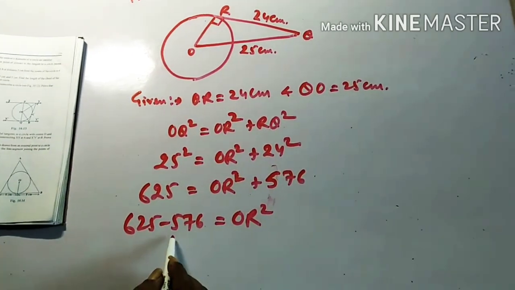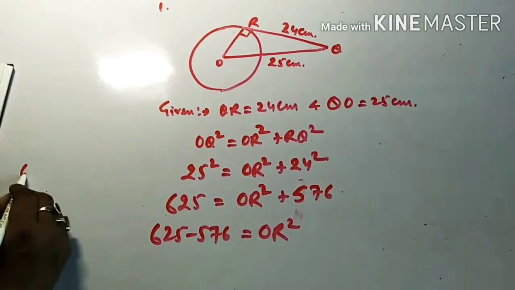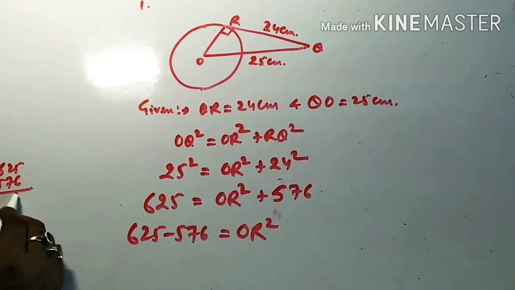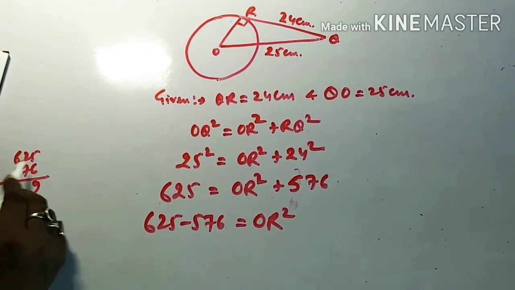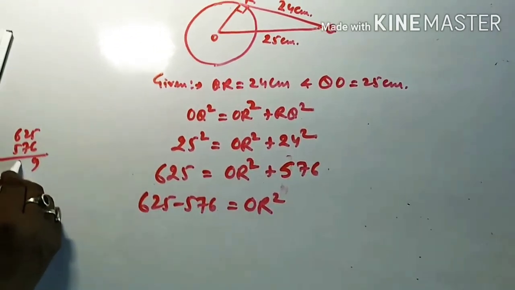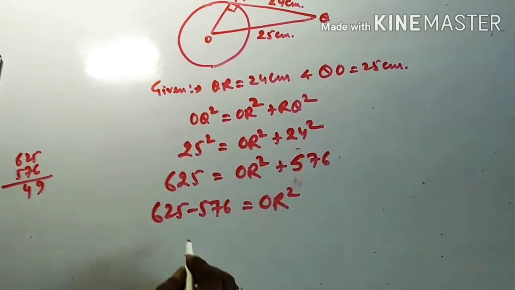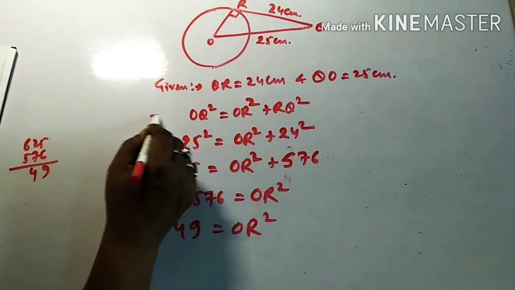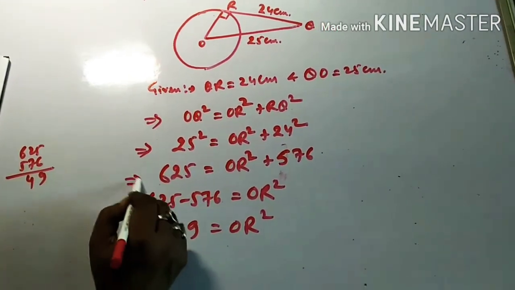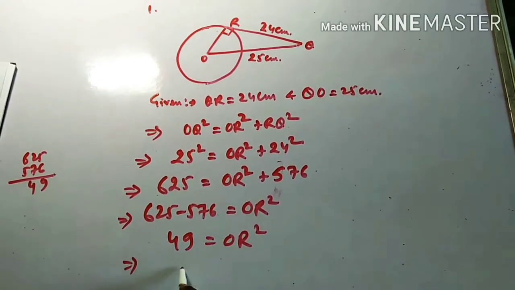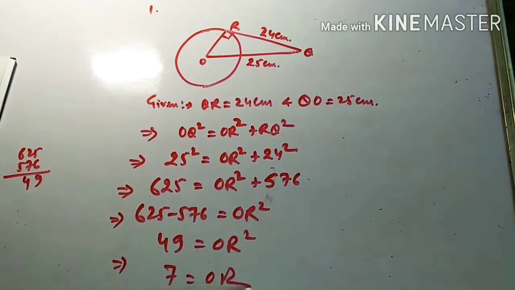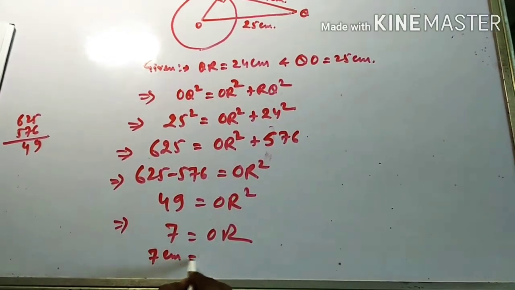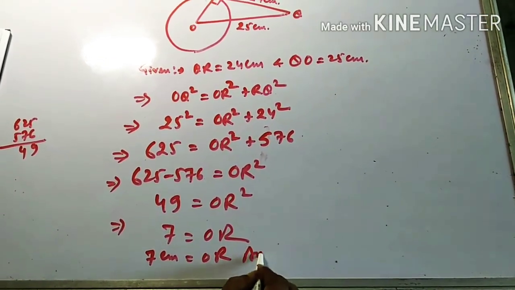So 625 minus 576 is 49, equal to OR square. Therefore 7 is equal to OR. That means 7 centimeters is OR, your answer.